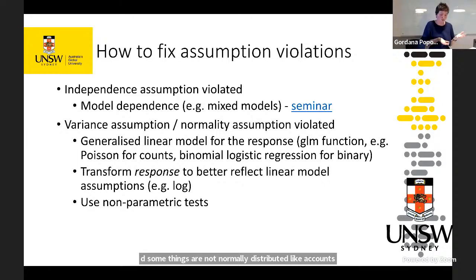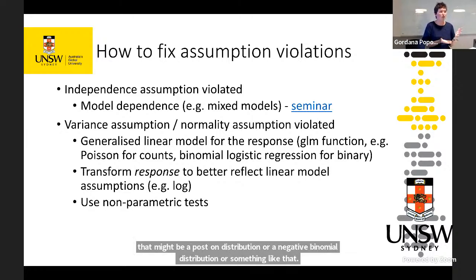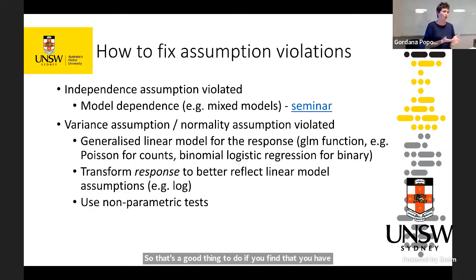So maybe you have counts, and a linear model is not a good thing to do. You would do a generalized linear model, which might be a Poisson distribution or a negative binomial distribution or something like that. That's a good thing to do if you find that you have a fan shape and you have counts or some other distribution of the data. There are lots of generalized linear models and you can read about them.